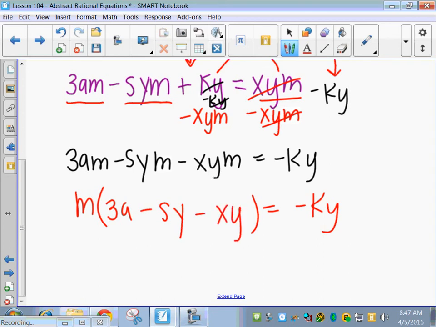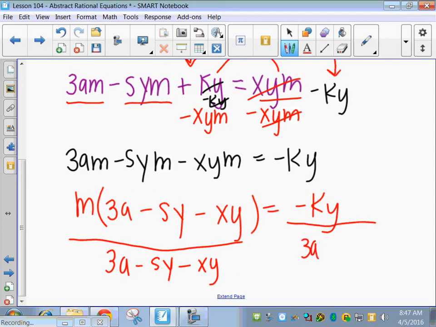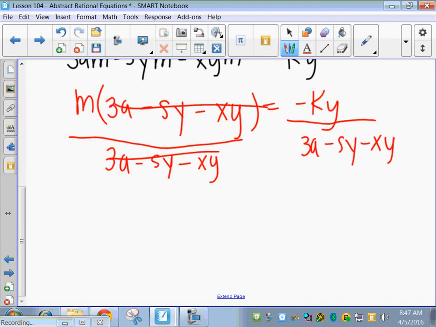Minus xy. Good. And now we divide by that whole set of parentheses so that m is now all alone by itself. Okay, so 3a minus sy minus xy. And this goes away, and this goes away. And I now have my final answer.